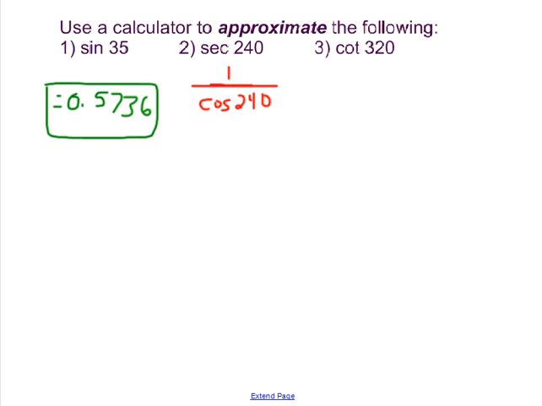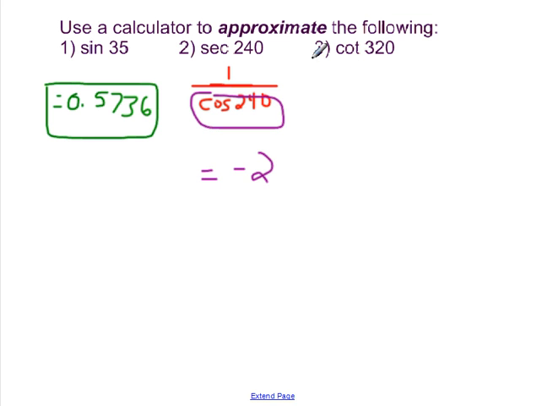To do this in the calculator correctly, you have to find the cosine of 240 first and then do 1 divided by that value. Or you can do it using parentheses and get the same thing. What you should come up with here is -2 as a solution.